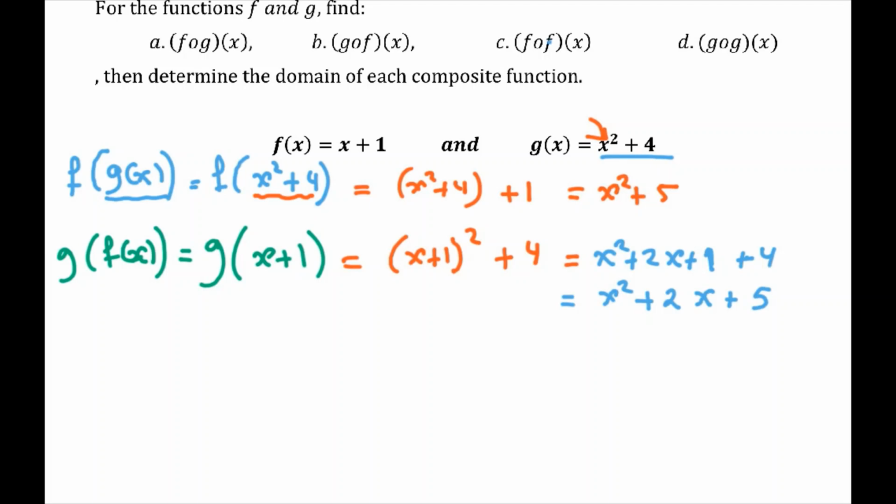Then f of f: f of x plus 1, take x plus 1, substitute it into here.